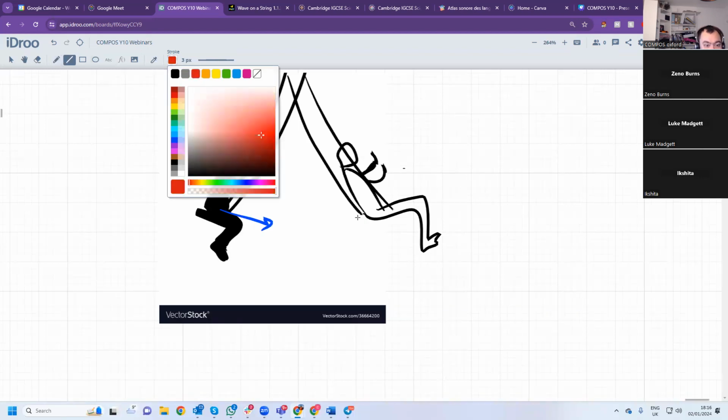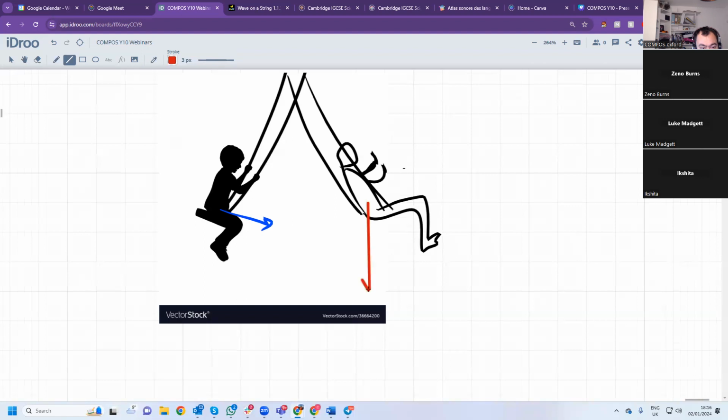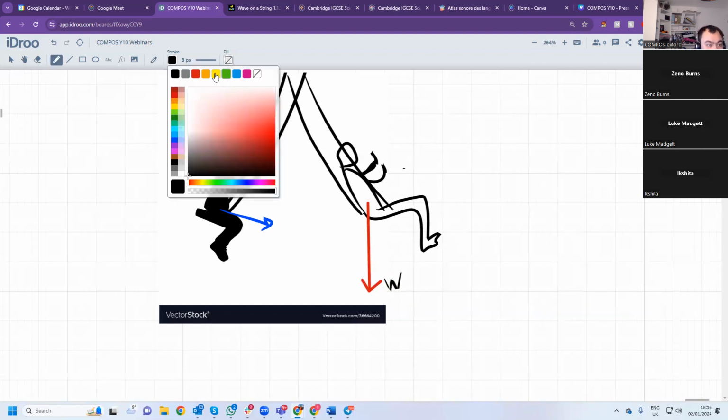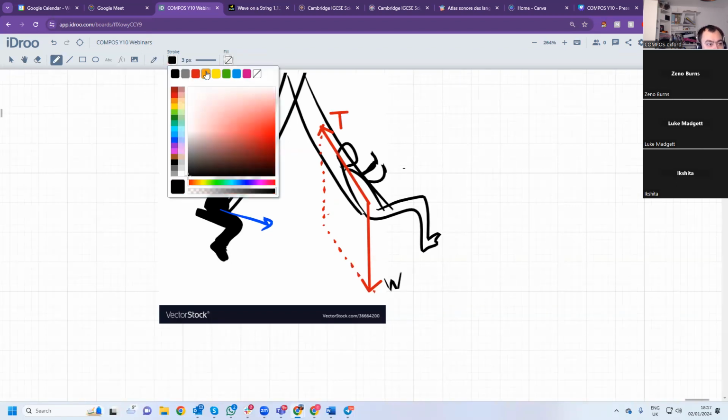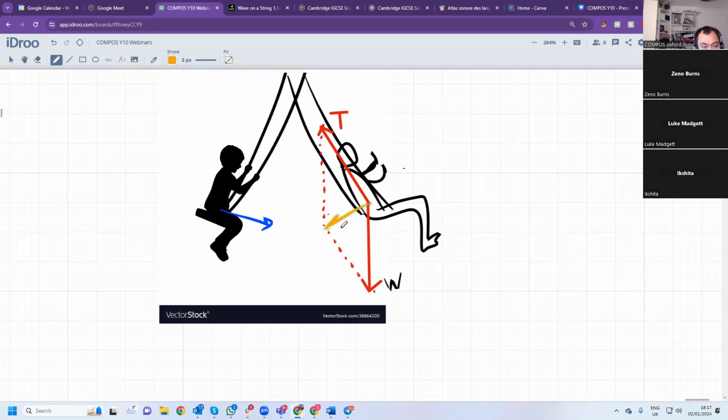Now you can see that you have the weight force. The weight force is that way. The tension force has now changed direction. The tension force is now that way because the rope is pulling that way. And if you draw the parallelogram, from this position, the child will swing back. Plus W.